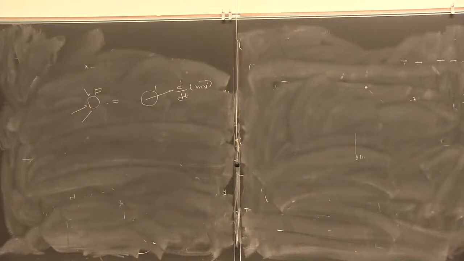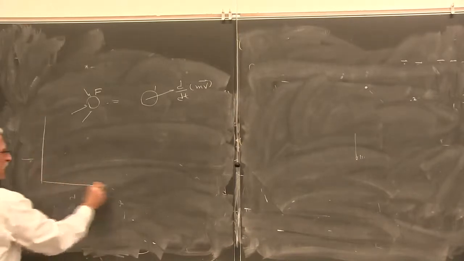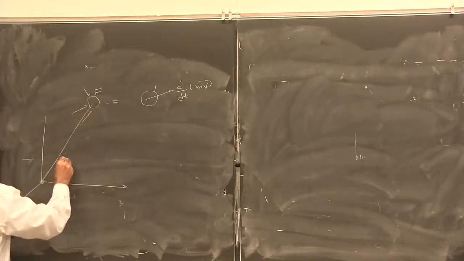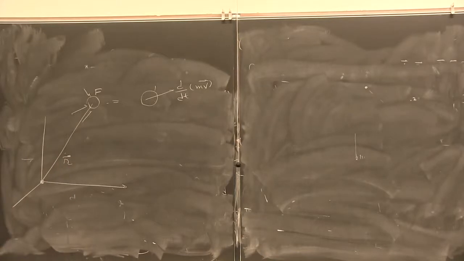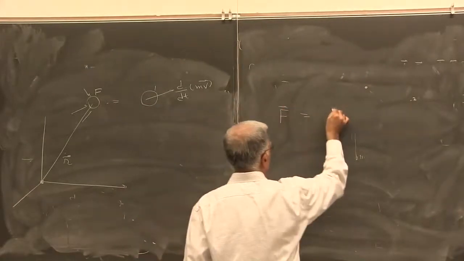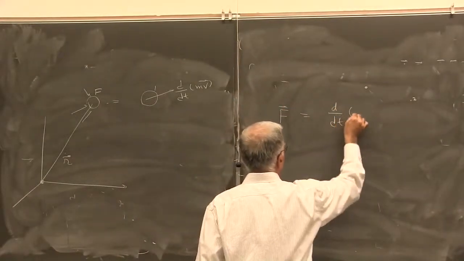So last time we multiplied this one by dr. Now we can take the moment with respect to any point. So we can take the moment of everything with respect to this point, r. That means that F is equal to d over dt of mv.